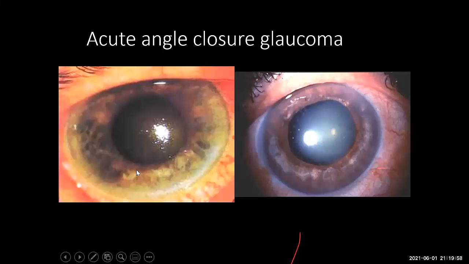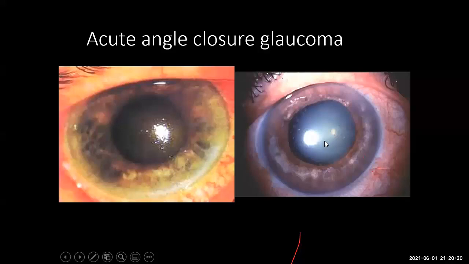So the endothelium is not properly functioning, and thereby there's a collection of water in the cornea. So the corneal shiny appearance is lost. You can even diagnose this with your torch. And again, look at the pupil, it's mid-dilated, and details are not very clear, right?